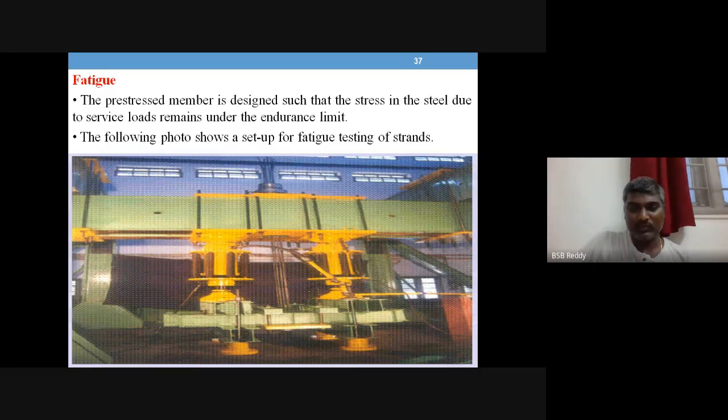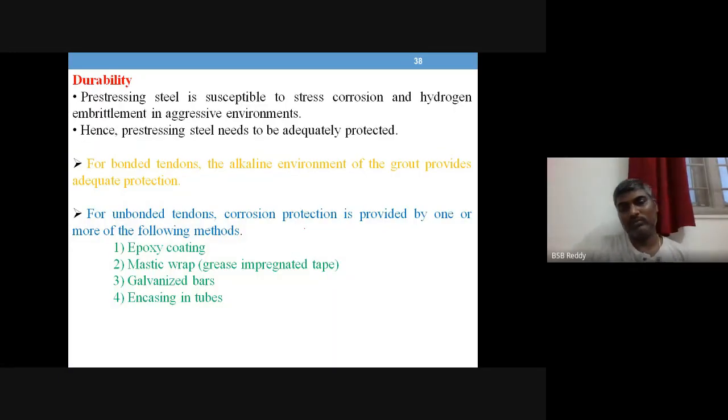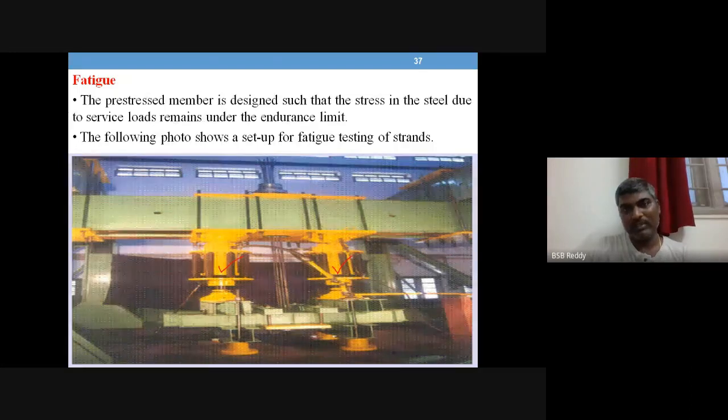These two hydraulic jack operations apply repeated load of a particular value onto the concrete member. That serves the purpose of repeated load of the same value, and you put it in terms of a graph, showing for how many cycles the member started failing.